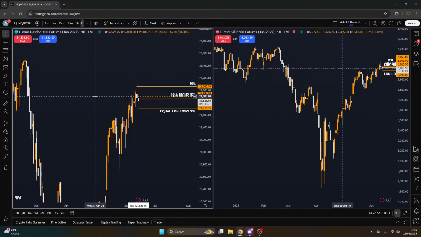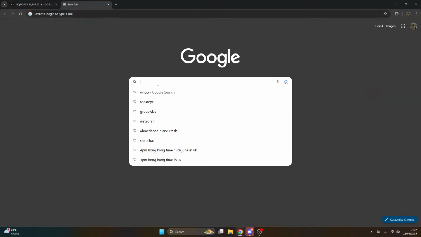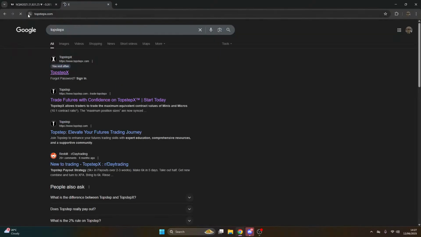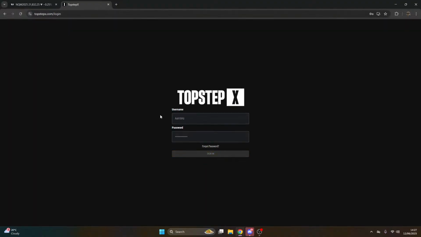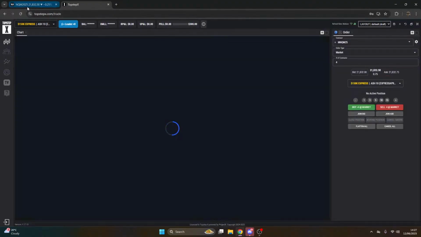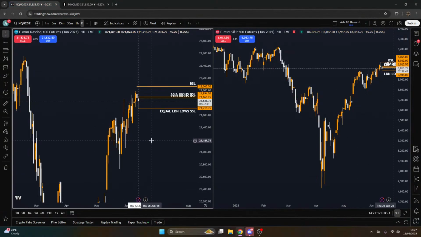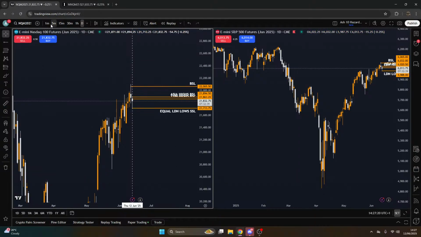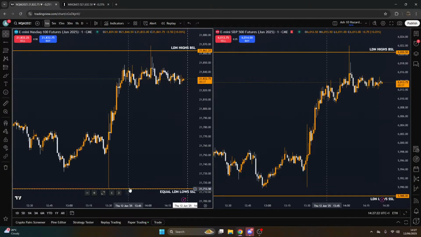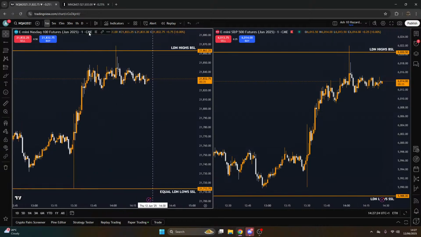So that's why for TradingView you would use NQ, and then if you're trading on, for example, TopStep, I trade here on TopStep X, I would trade with micros, but I do my analysis on NQ, because the difference between NQ and MNQ is that NQ is the main data provider from the CME Group. So you see where it says CME, that's the exchange that futures trade off, which is located in Chicago.